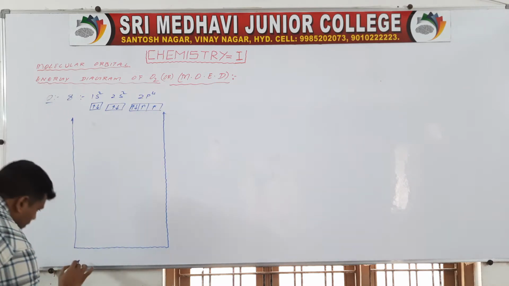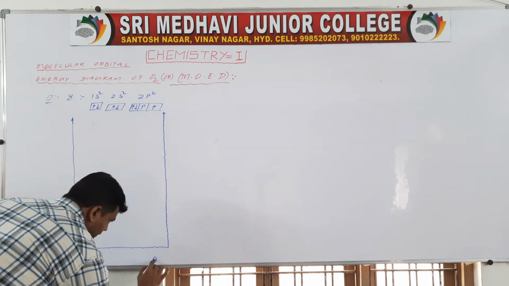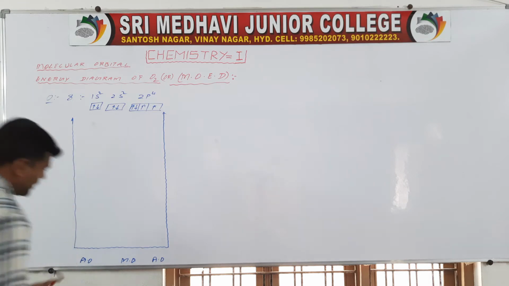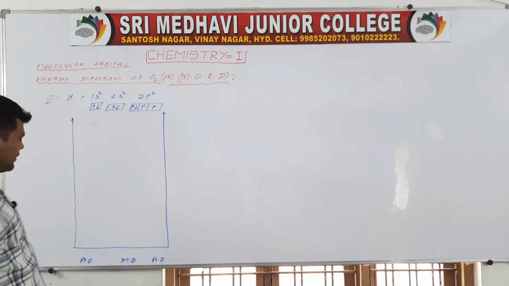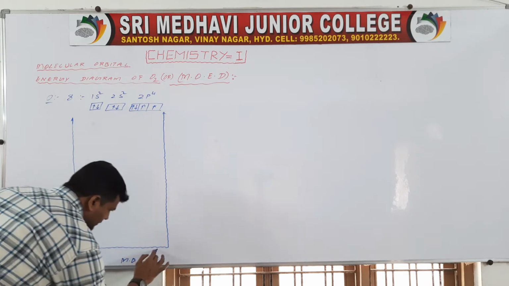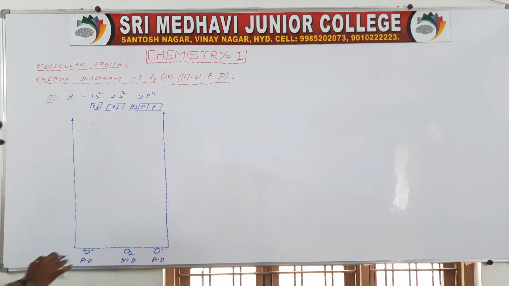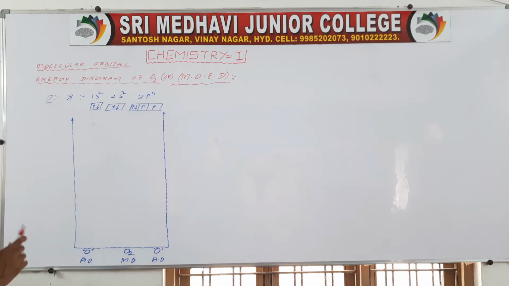See, this is AO. It is AO, it is MO. AO means atomic orbital, MO means molecular orbital. Here the atom is oxygen, and here the molecular orbital is O2.